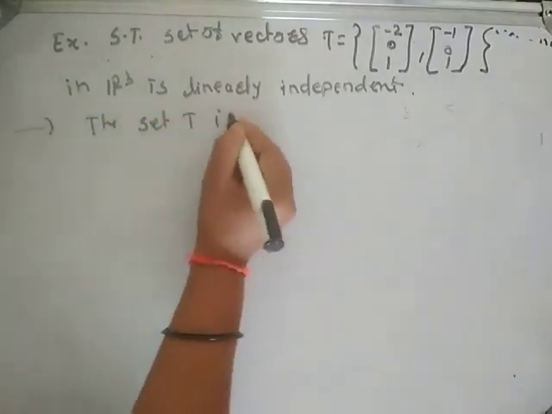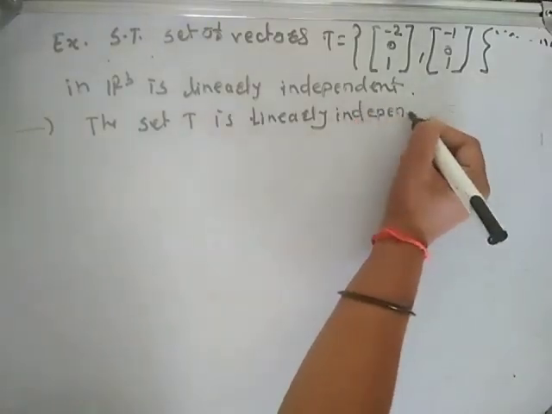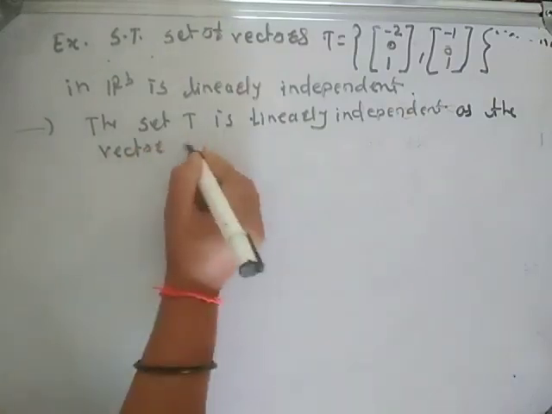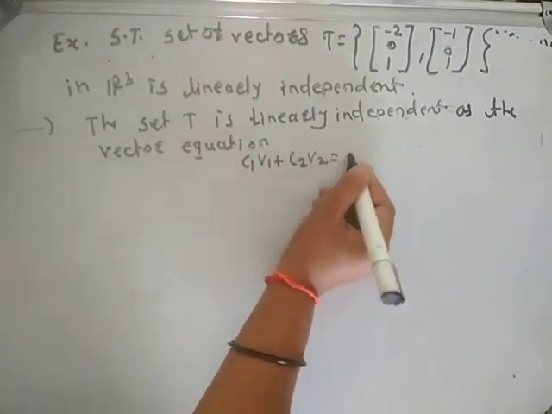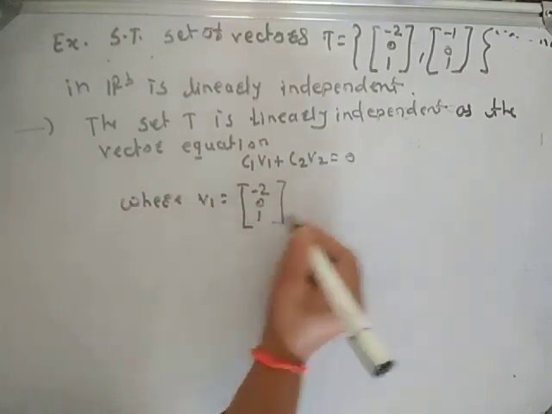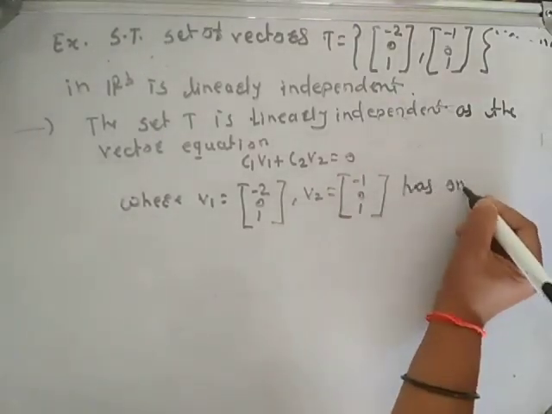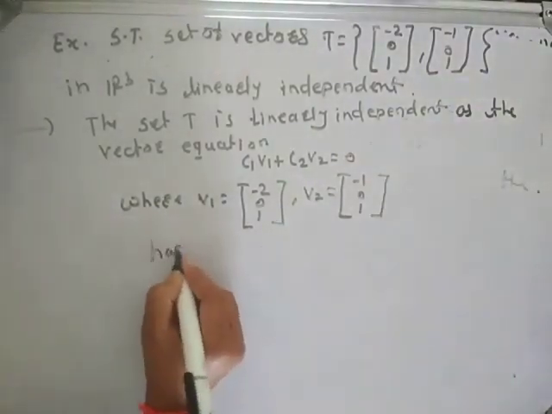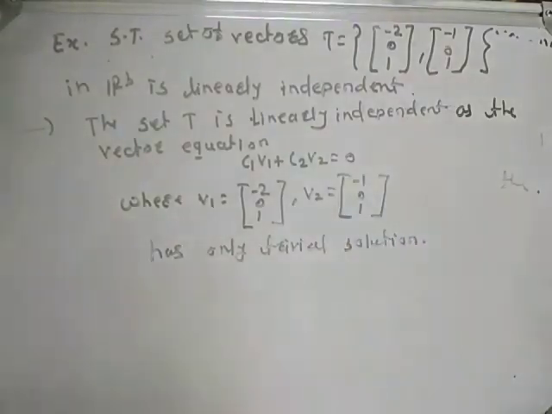The set T is linearly independent, as the vector equation C1 V1 plus C2 V2 equals 0, where V1 is (-2, 0, 1) and V2 is (-1, 0, 1), has only the trivial solution.